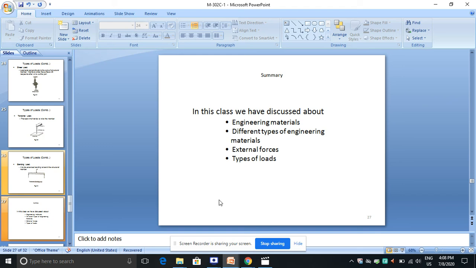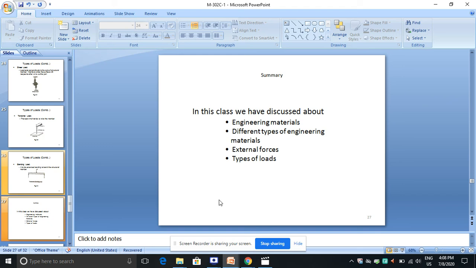Next are different types of engineering materials. The materials may be classified as rigid materials and plastic materials.